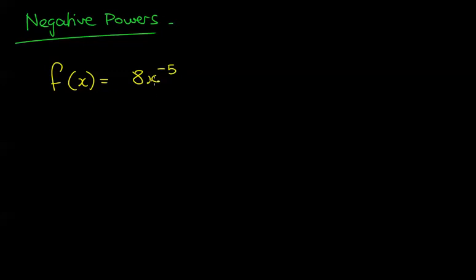So x is being raised to the power of minus 5 and then you multiply by 8. Let's differentiate this and find its derivative function. If you take that power and do the same thing, multiply the number in front, 8 times minus 5 is minus 40.